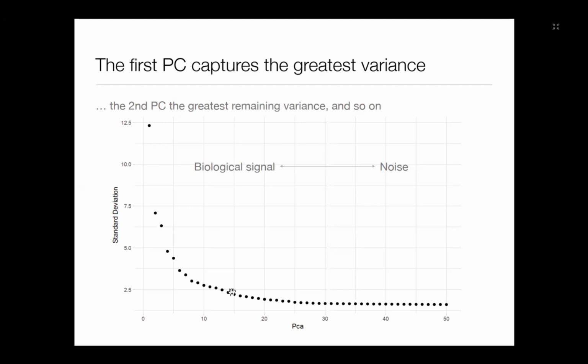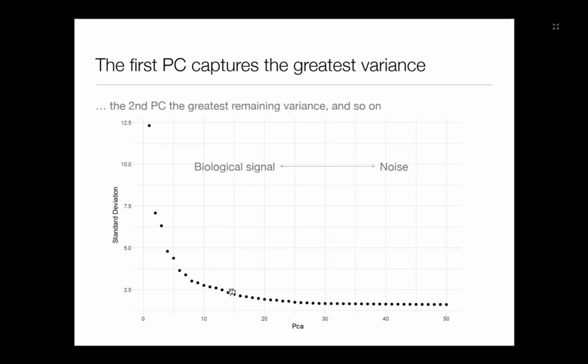So now we can rank them or visualize them in a plot like this. This is called an elbow plot. And we know that the genes that change in a coordinated way between cell types will be contained in the top principal components. And the genes where maybe one gene changes randomly in one or two cells will be contained in the later principal components.